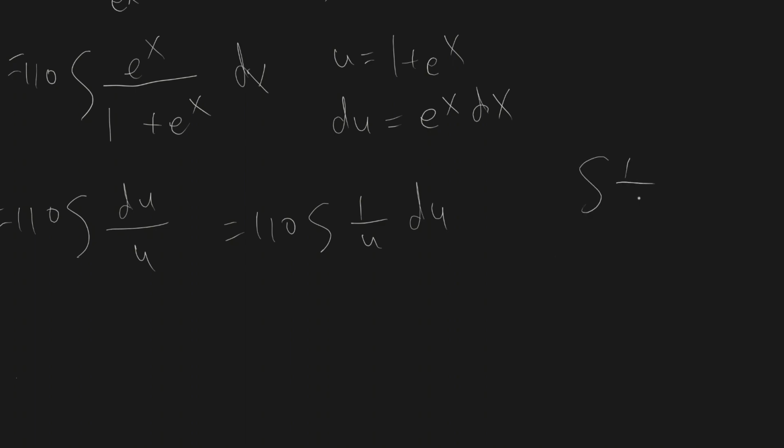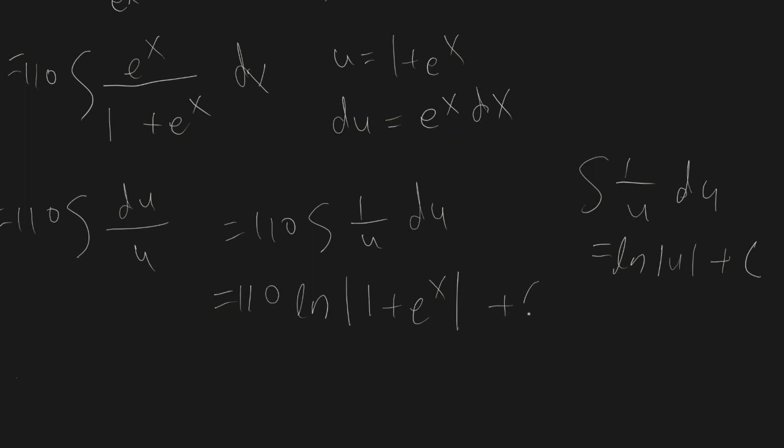Now remember, the integral of 1 over u du is equal to ln, absolute value of u plus c. So we can rewrite this as 110 times ln of the absolute value of 1 plus e to the x, since that was our u, plus c.